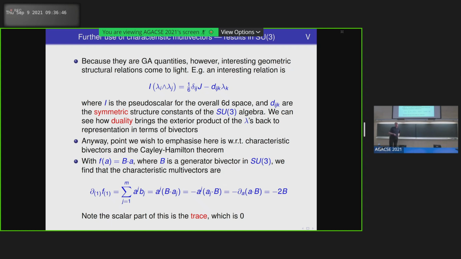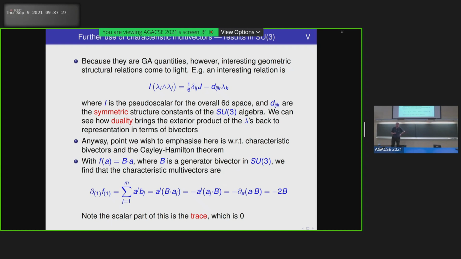If you take lambda i wedge lambda j, which is therefore a grade 4 thing, you dualize it with the pseudoscalar for the whole space, and that brings it back to being a bivector. You find that's 1/6 delta ij times this imaginary minus dijk lambda k, where this dijk is completely symmetric. They're known as the symmetric structure constants of SU3, or any algebra of this type.